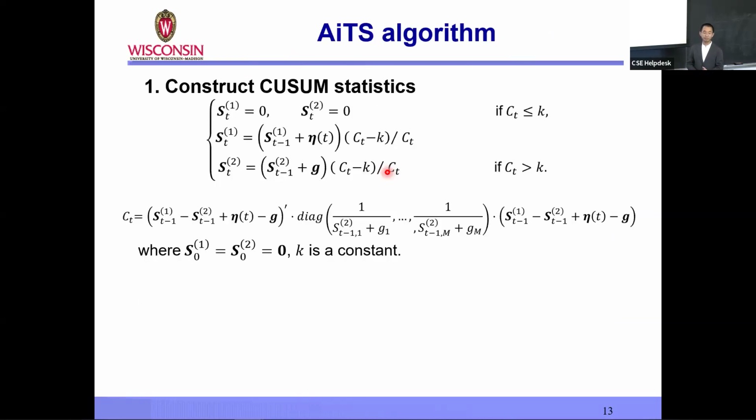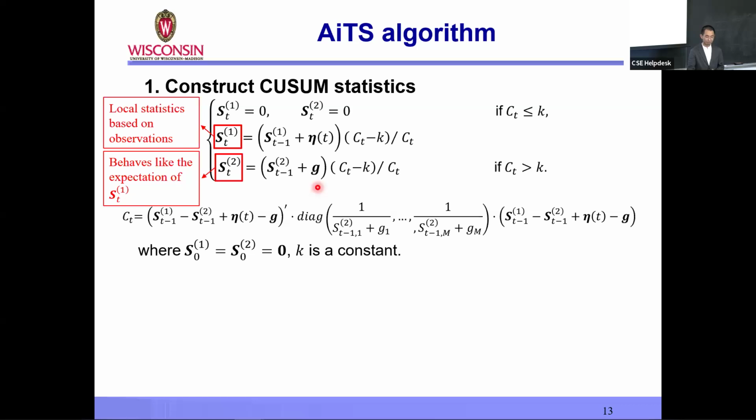There are three main steps in this algorithm. First, based on the eta and g, we can construct the Q-sum statistics. I will not go into details here, but basically we are comparing two statistics, S1 and S2.